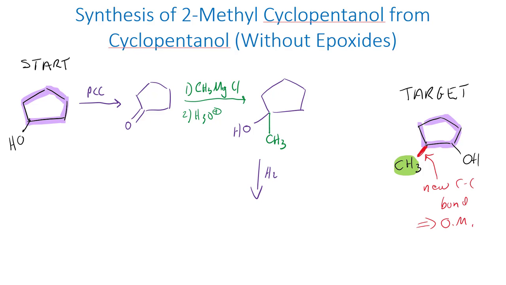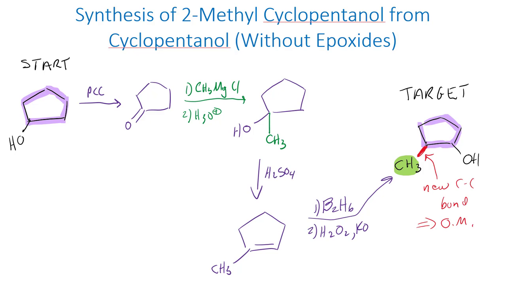So if we dehydrate the alcohol product using sulfuric acid, that will give us an alkene that we can then do the anti-Markovnikov addition of water across that double bond with B2H6 followed by a basic peroxide workup, and that will give us our target product.